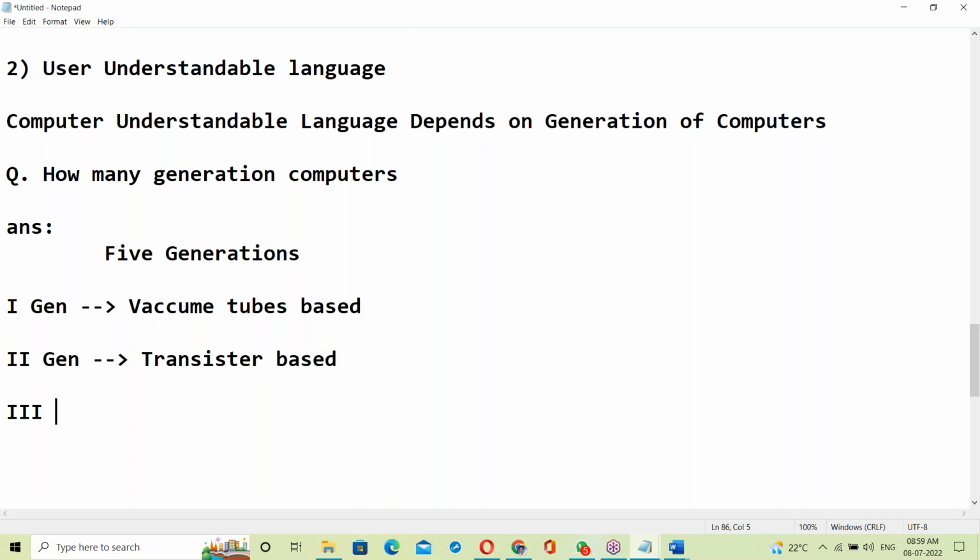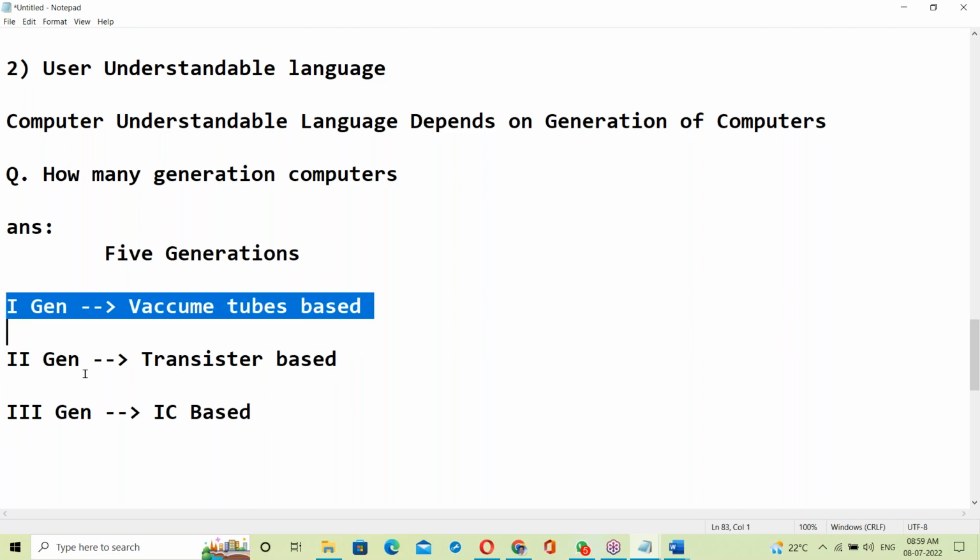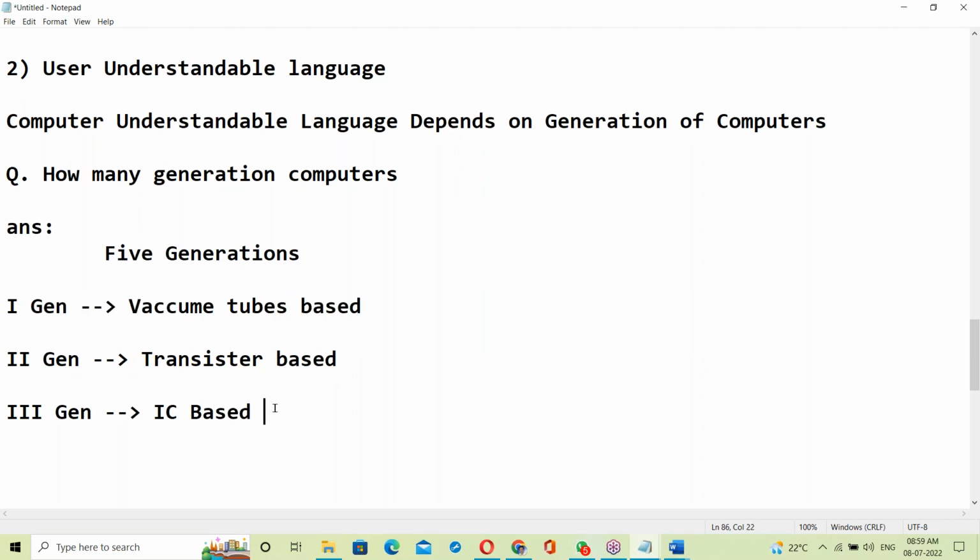Next, what is the third generation computer? Yes, it's IC based, integrated circuits. So first generation vacuum tubes, second generation transistors, third generation IC based. Next, the fourth generation is processor based.